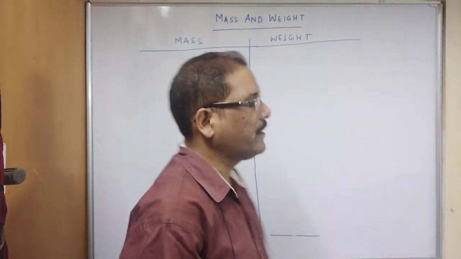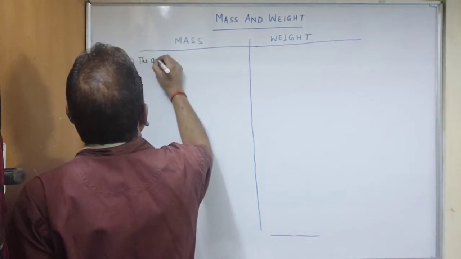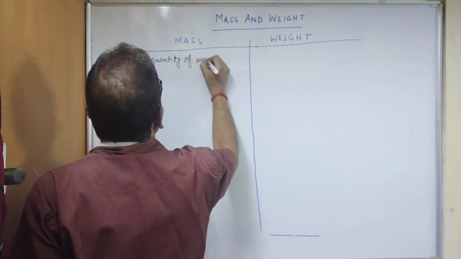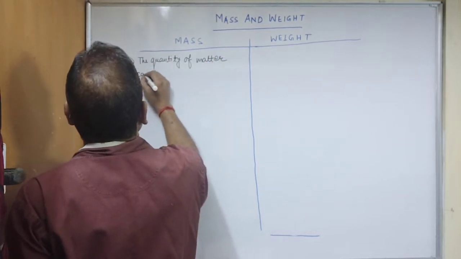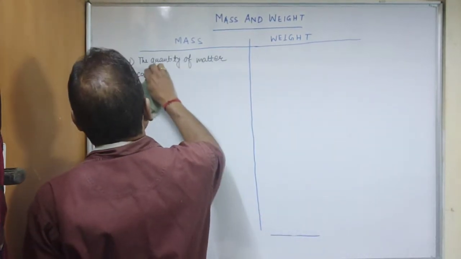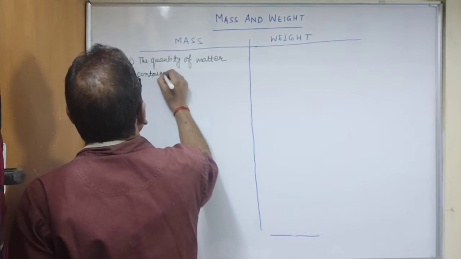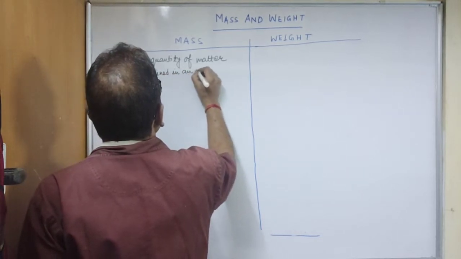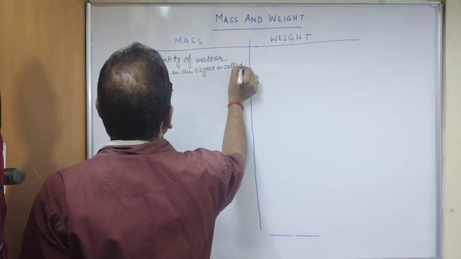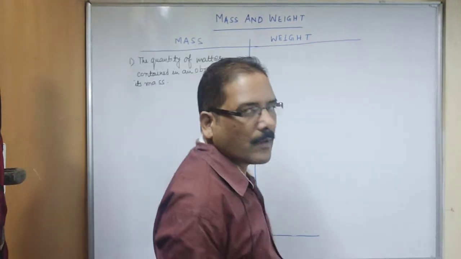So the first point you will write: the quantity of matter contained in an object is called its mass, isn't it?